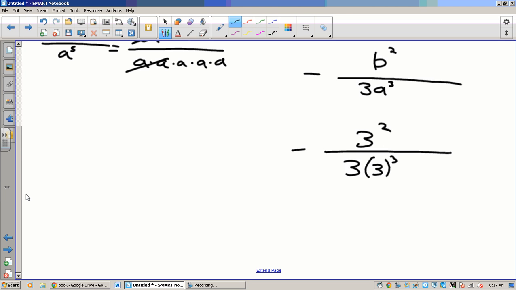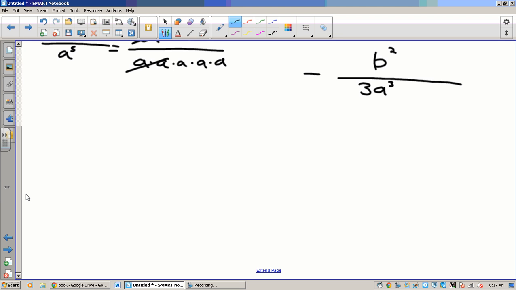So that's 9 over 3 times 27, which is 81. It's not 0, is it? What makes it equal to 0? 0. 3 times 0 times 0 times 0 is 0. 3 times 0 is 0. 0 cubed is 0. 3 times 0 is 0.